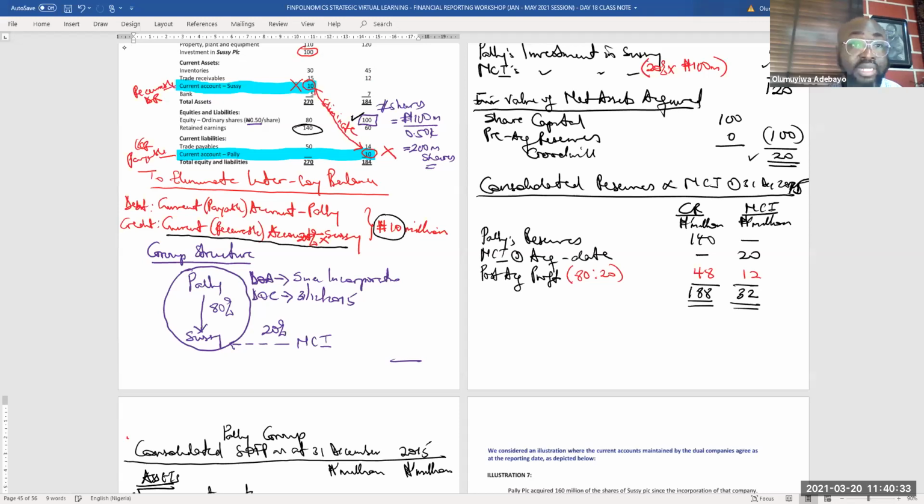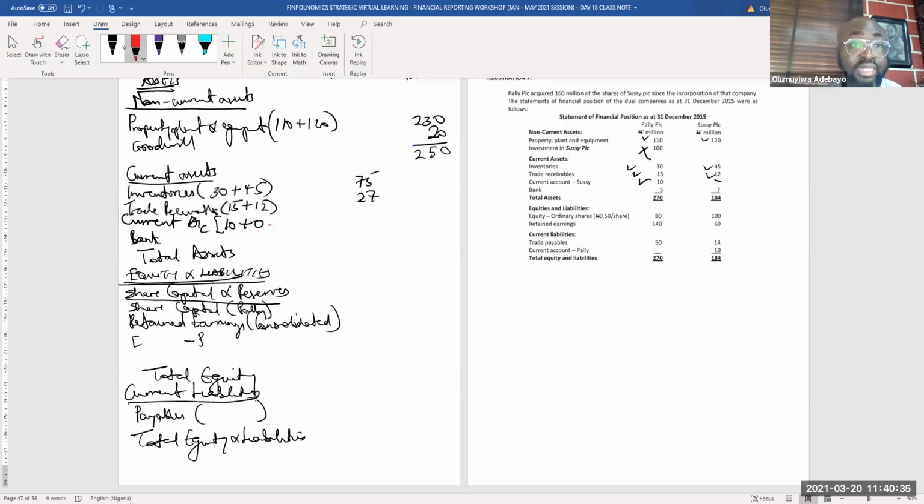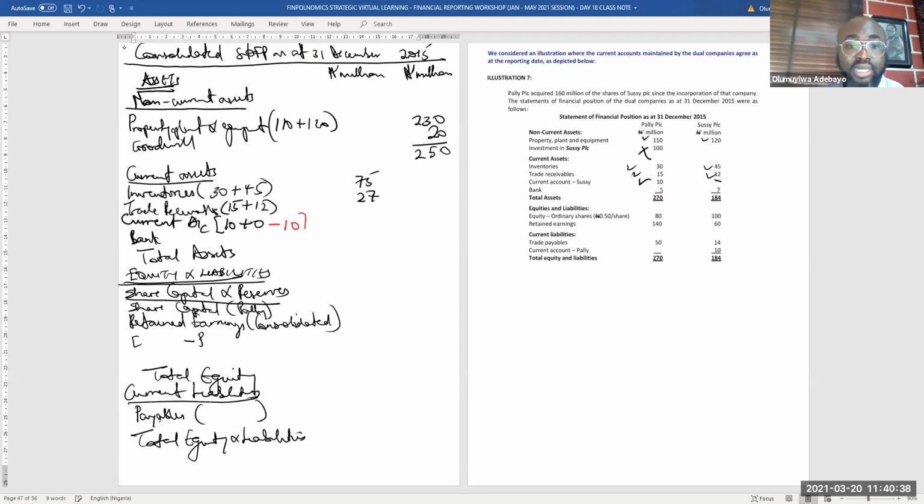Credit to a receivable account or an asset account is negative. And when we sum everything together, it becomes 0.